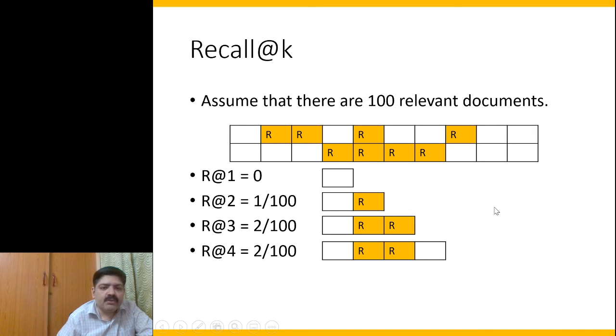Similarly, I could also compute recall at k. So I have recall at 1 as 0, recall at 2 as 1 over 100. Note that the denominator refers to the total number of relevant documents that I have in my collection. So this is one metric that people have used.